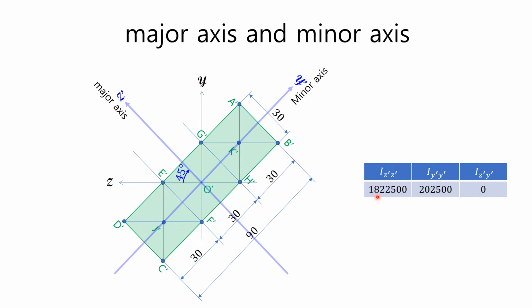If the principal axis is exactly at 45 degrees as shown in this picture, it is counted as a positive angle to the principal axis in the clockwise direction. This relationship will be explained again later.